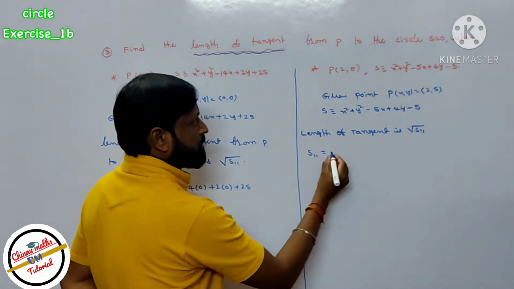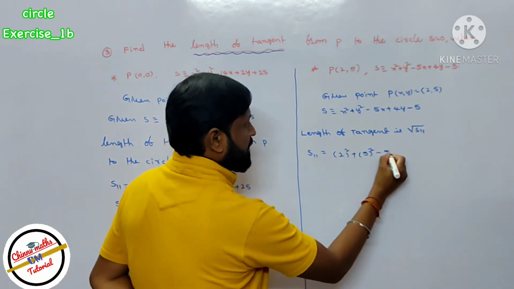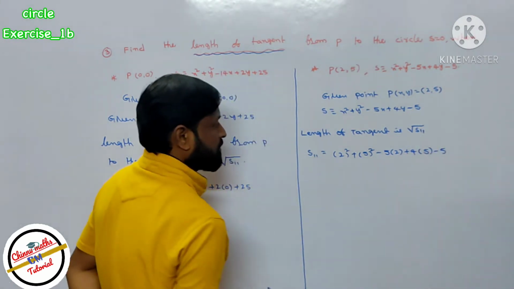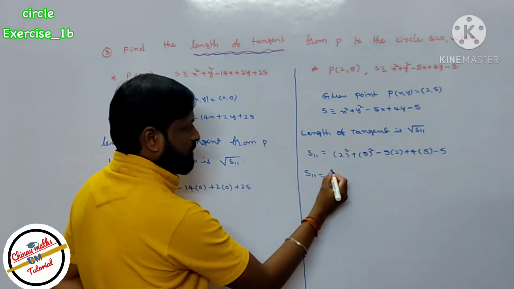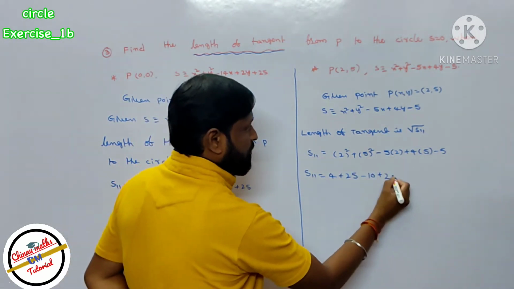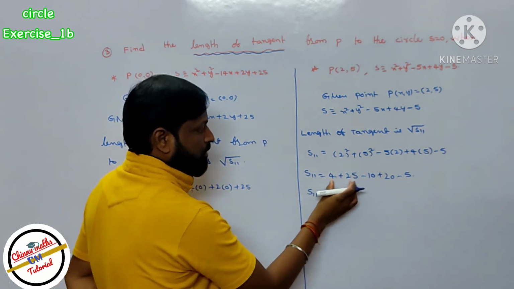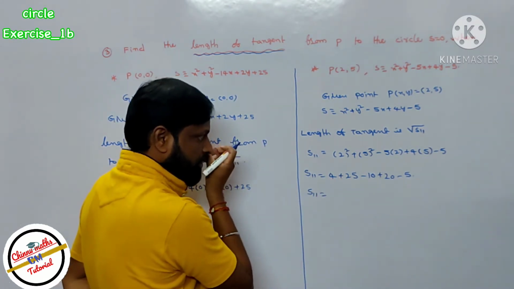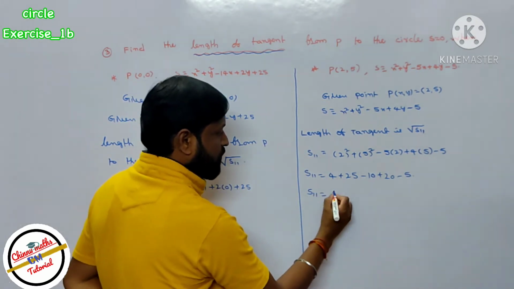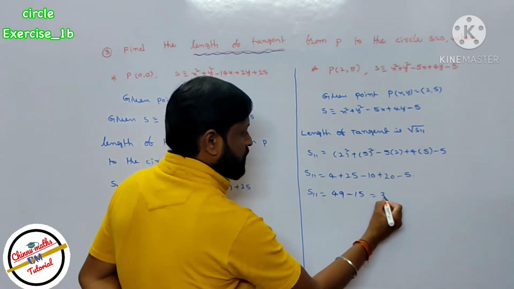It is equal to 2 whole square plus 5 whole square minus of 5 into 2 plus 4 into 5 minus 5. Then you have to calculate S11 equal to 2 square equal to 4 plus 25 minus 10 plus 20 minus 5. S11: calculate the positive values. 25 plus 20 equal to 45, 45 plus 4 equal to 49, minus 10 minus 5 minus 15, it is equal to 34.